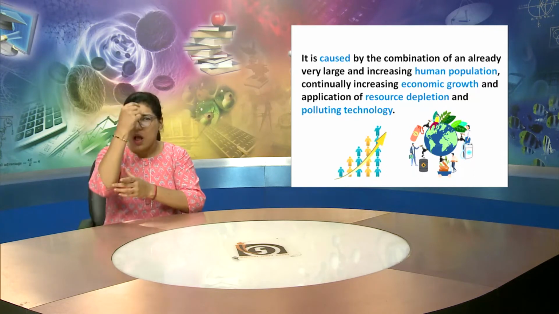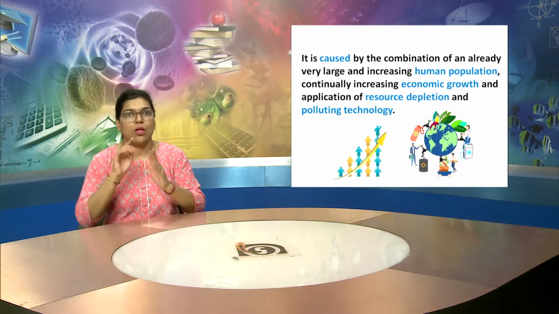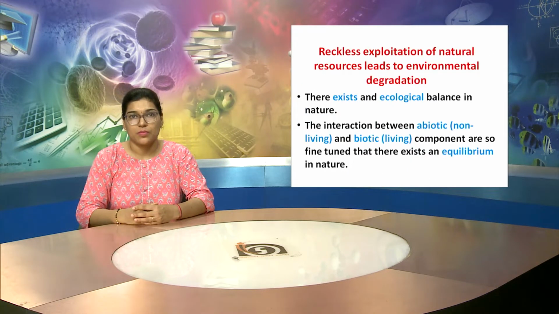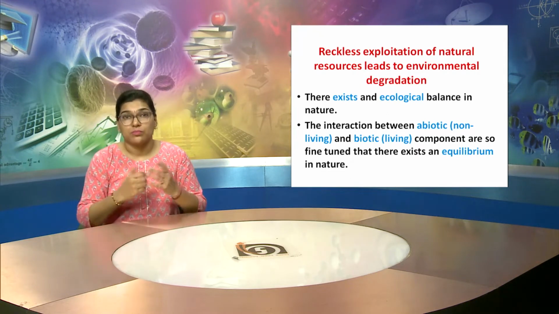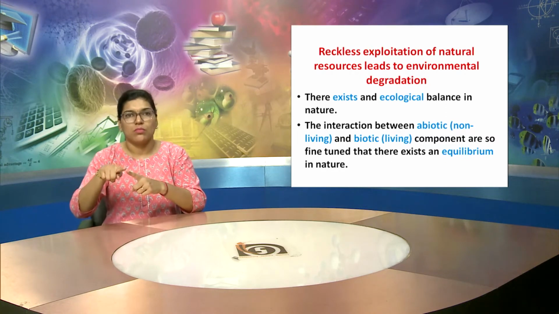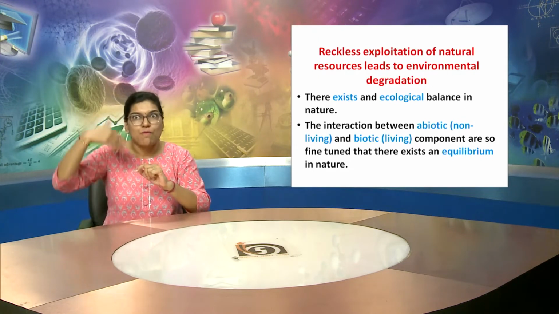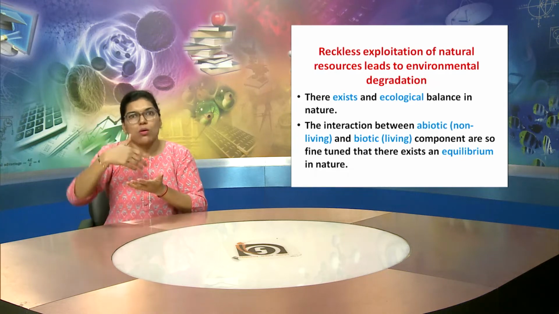It is increasing economic growth, and because of this, a lot of resource depletion and pollution is occurring. Now, this heading you can see in red color. It means the reckless exploitation of natural resources leads to environmental degradation.